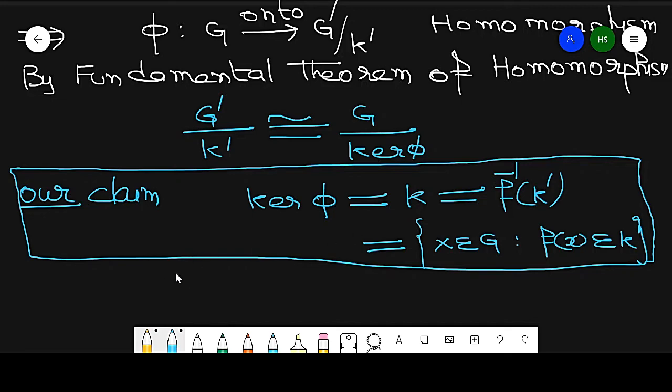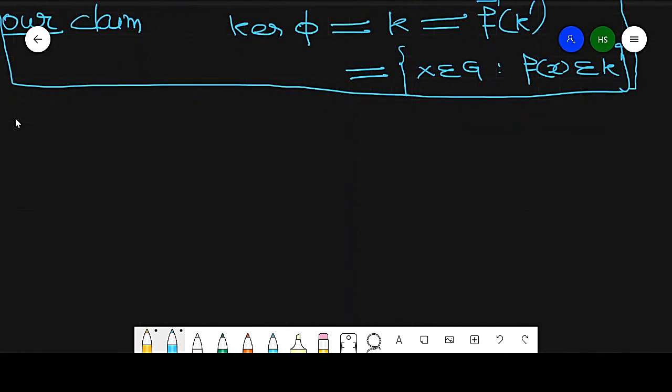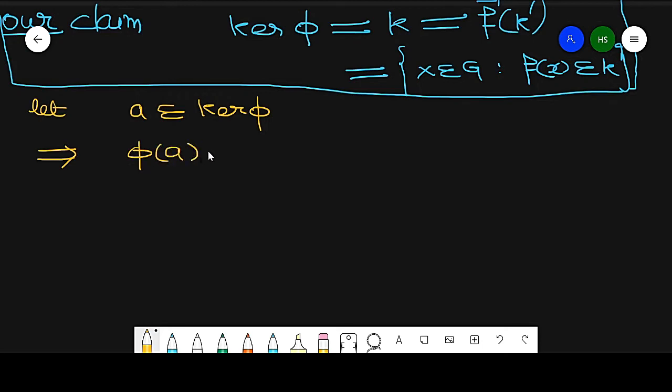So first I prove that kernel of phi is equal to K. Now if I take some element A belongs to kernel of phi, right? It implies phi of A is the identity of the right hand side group.